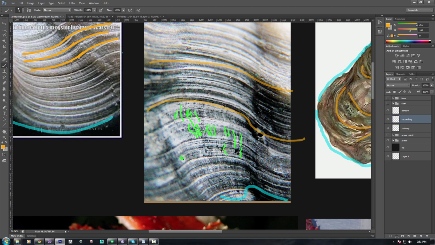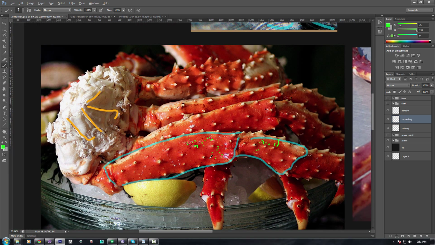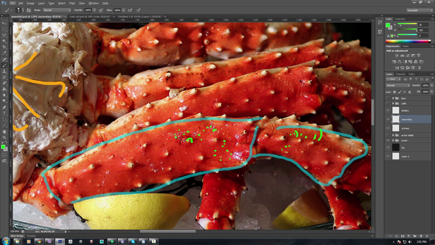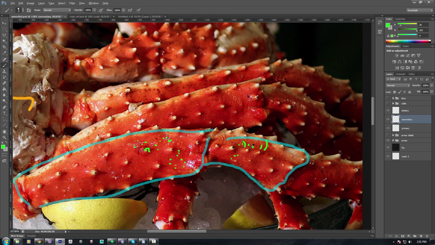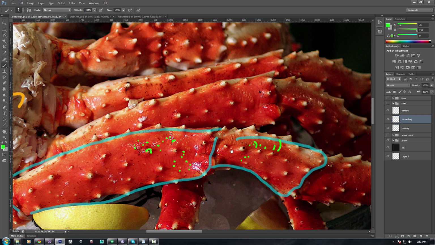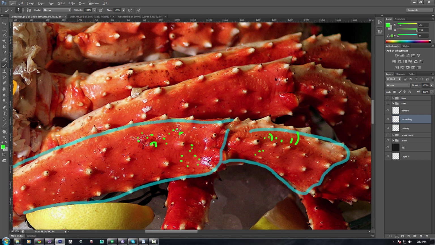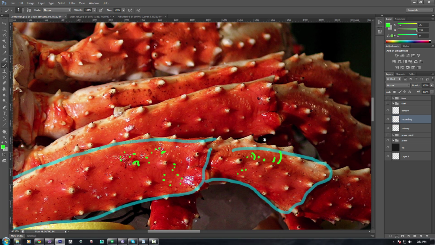In this image, all your secondary forms are flowing in the horizontal direction, while the tertiary ones are flowing in the vertical direction. They are much finer details, and they don't really affect the surface light that much, but they do break down the light, and that's what makes things look more realistic.